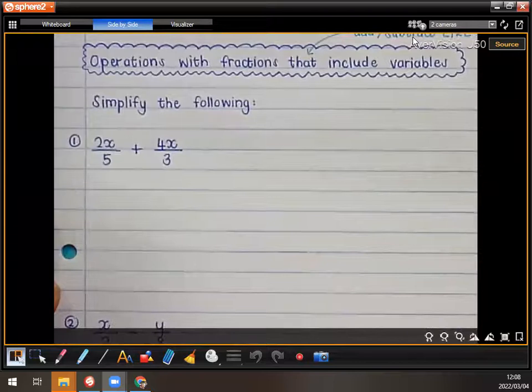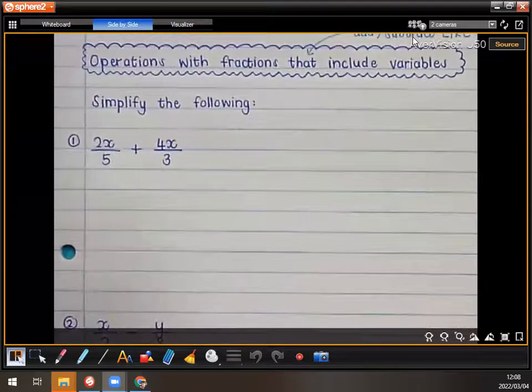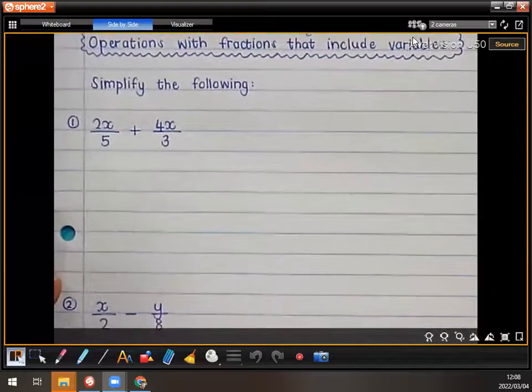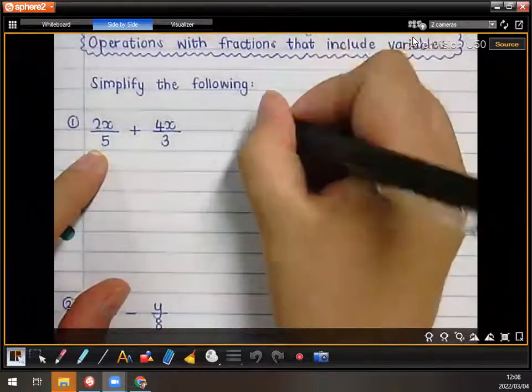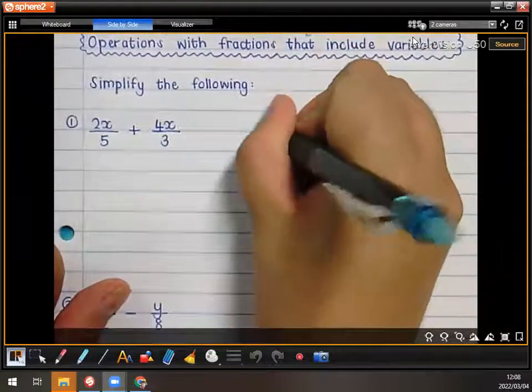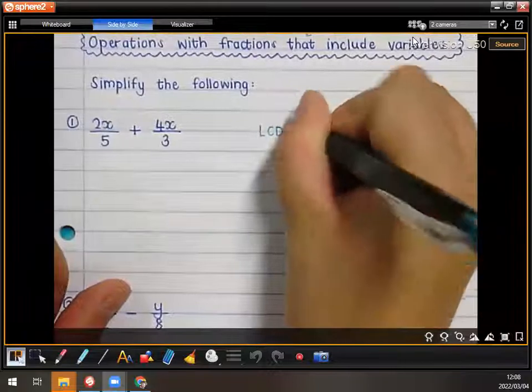Okay, for this one, guys, what do we do when we add and subtract fractions? Want to give someone else? Yes, Andre? It's the same denominator. Okay, we need to find the LCD. What is the LCD of 5 and 3? 15. The LCD is 15.